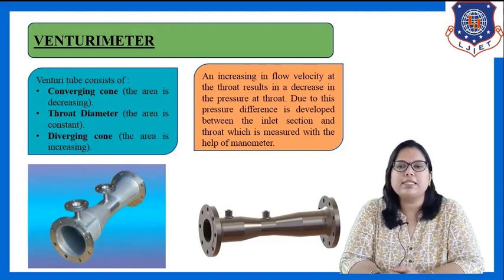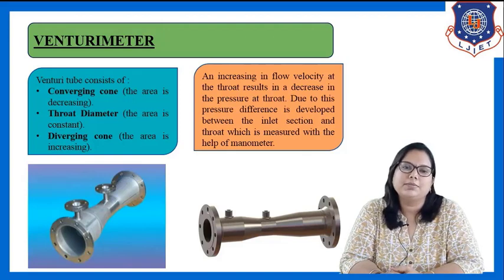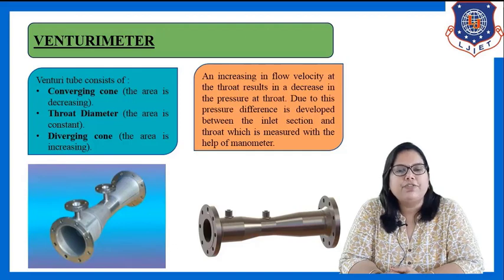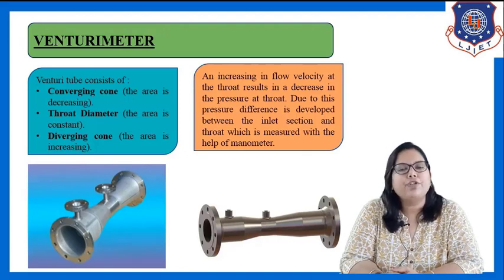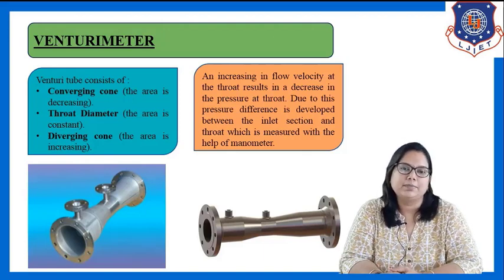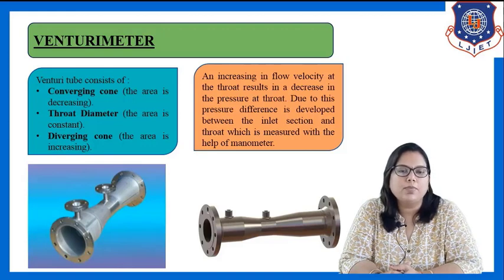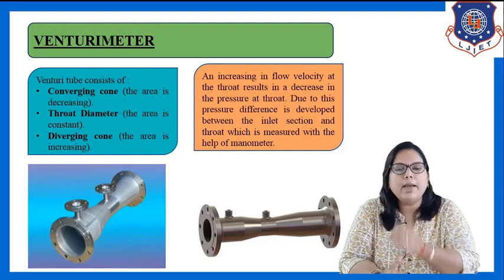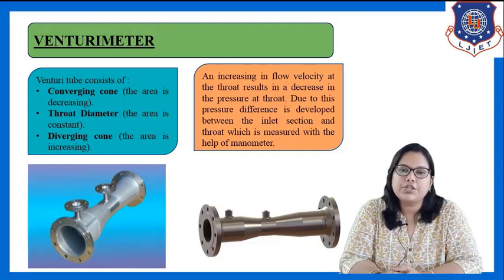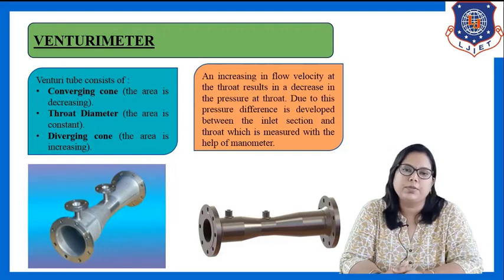So from this variation in velocity, we measure the pressure difference, and from that we can easily measure the flow rate. In the next step we will see how to measure the flow rate from that pressure difference. By this way we can measure the flow rate with the help of Venturimeter, which comes under the category of variable head meter, and this is the figure of Venturimeter.